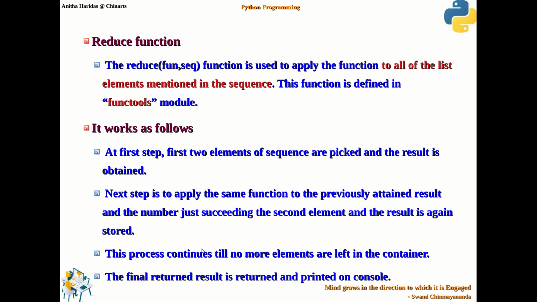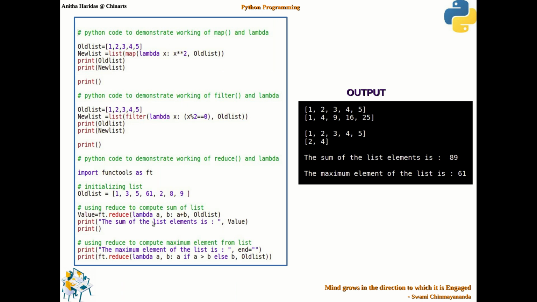So this process will be continued until no more elements are left in the sequence or in the container. And the final result is returned and printed on the console, right? When we see an example, I think we can come back again and discuss how it works. So this is the example for all the three built-in functions.